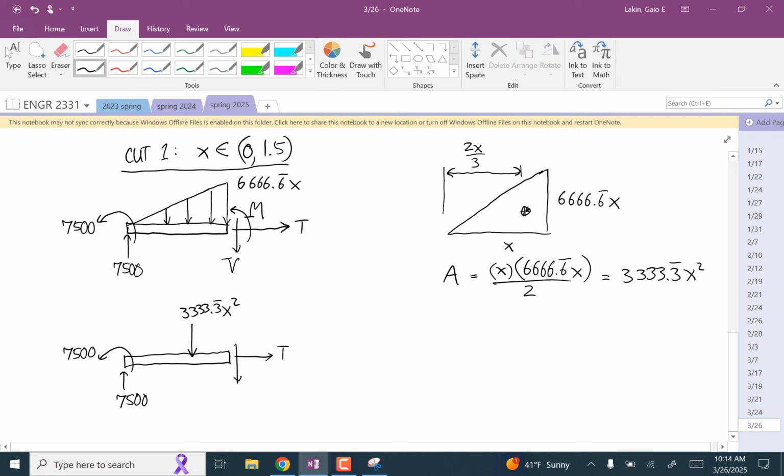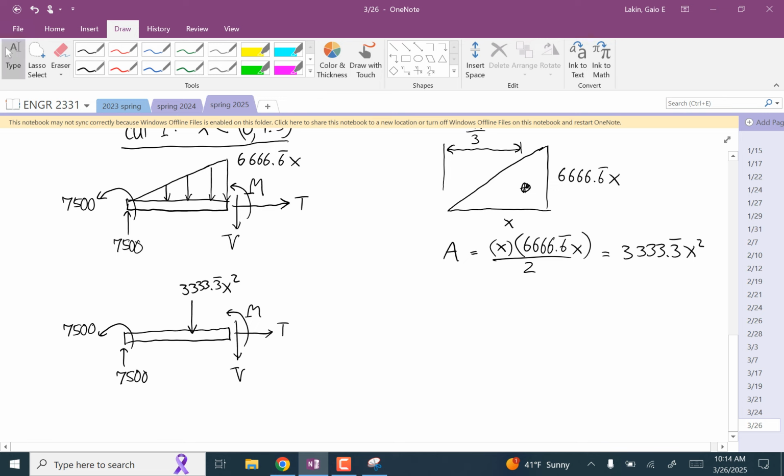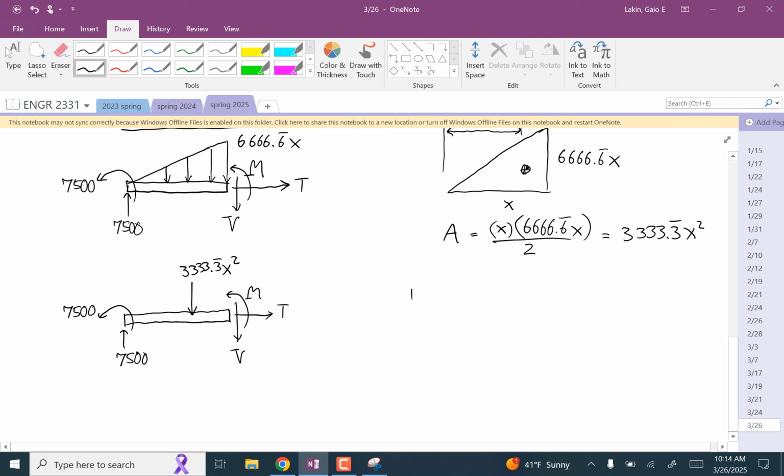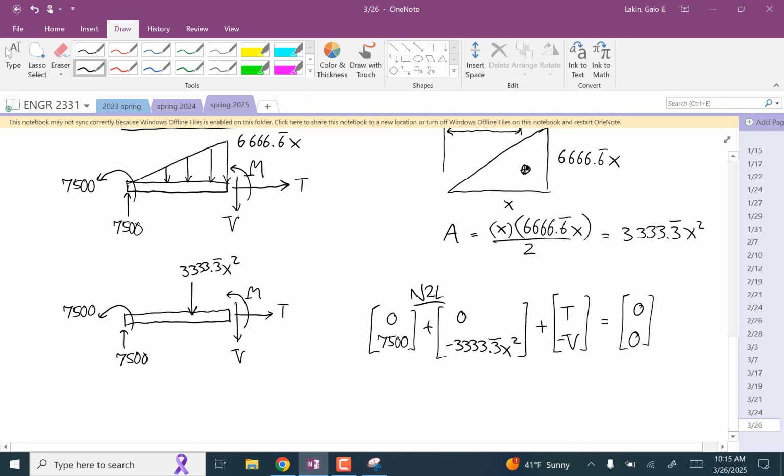T, V, M. Newton's second law says 0, 7,500 plus 0, negative 3333.3 repeating x squared plus T, negative V is equal to zero.